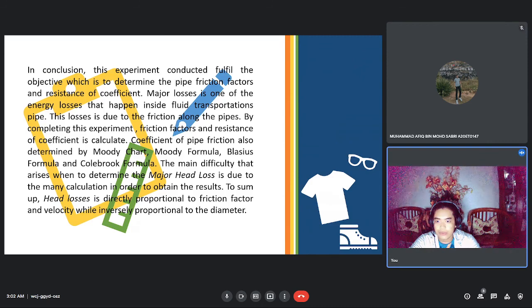Coefficient of pipe friction is also determined by the Moody chart, Moody formula, Blasius formula, and lastly the Colebrook formula. The main difficulty that arises when determining the major head loss is the many calculations needed to obtain the results. To sum up, head loss is directly proportional to friction factor and velocity, while inversely proportional to the diameter.